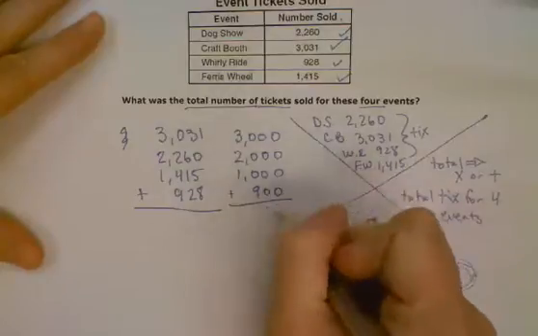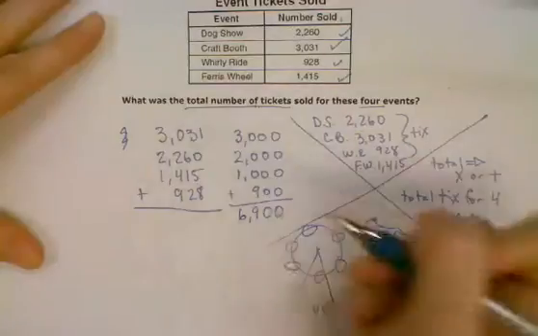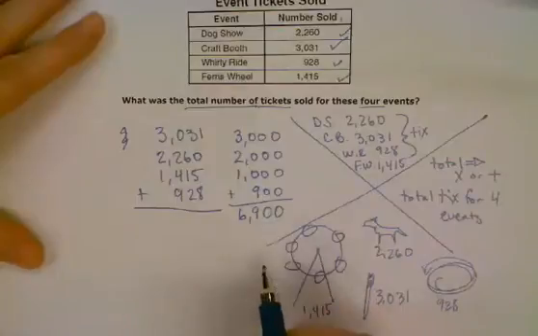It's closer. 2 and 1 is 3, and 3 is 6. So probably about 6,900 tickets were sold.